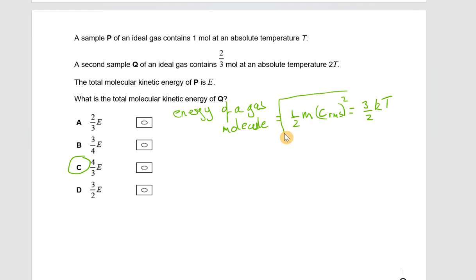So this here is the kinetic energy. Not surprising really, 1/2 mass times velocity squared, but it's the kinetic energy of one gas molecule.